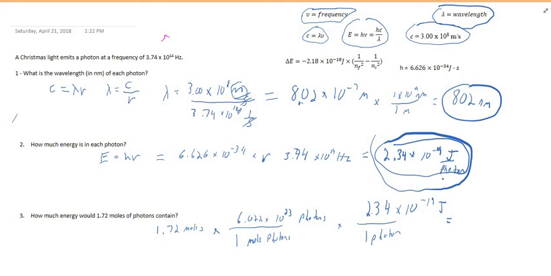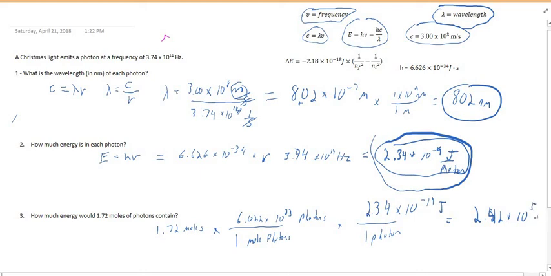And so I get out of this 2.42 times 10 to the 5th joules. So, assuming I did all my math right, these are the answers.